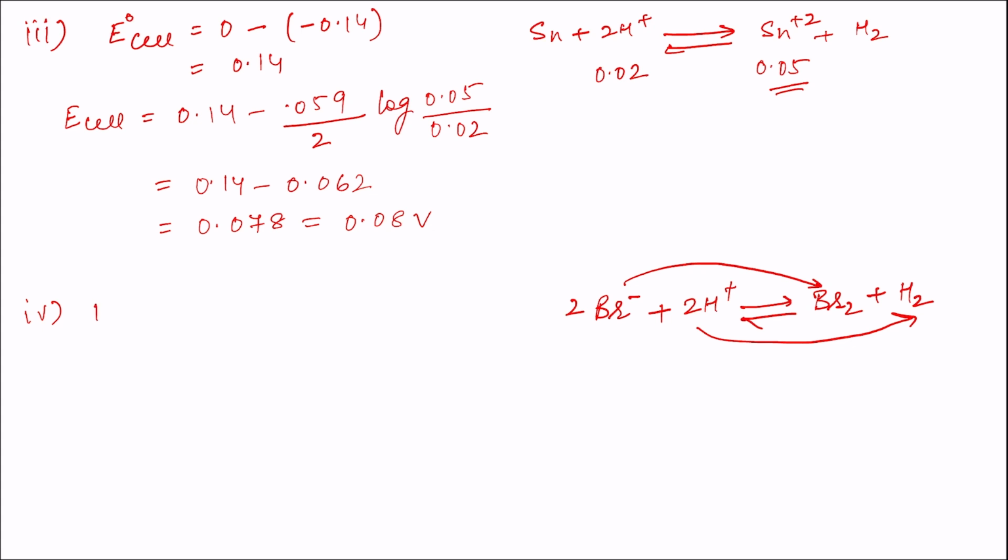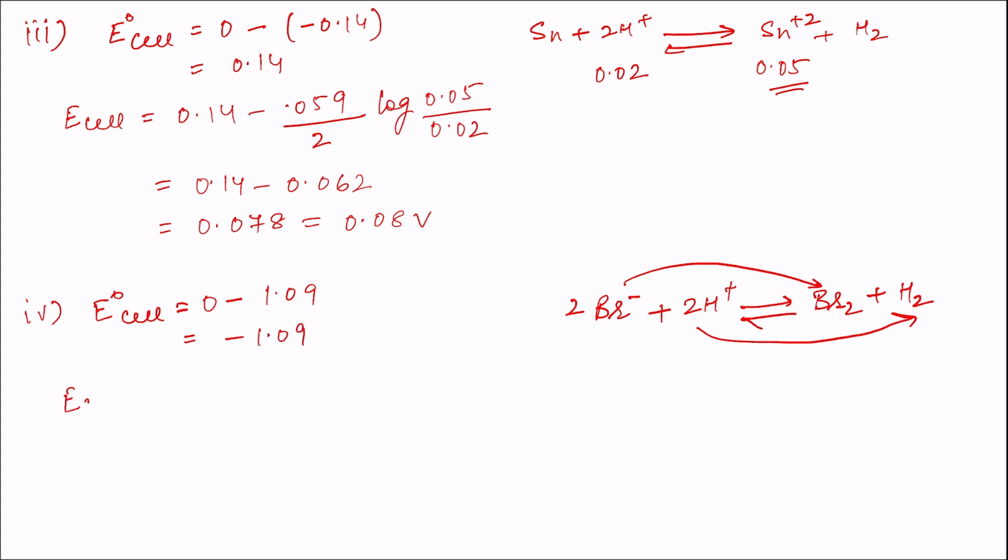Now here E0 cell will be equal to, hydrogen is the cathode, so standard reduction potential of hydrogen is 0, minus E anode, anode is the bromine, so its standard reduction potential is given as 1.09, so minus 1.09. So E0 cell is minus 1.09.